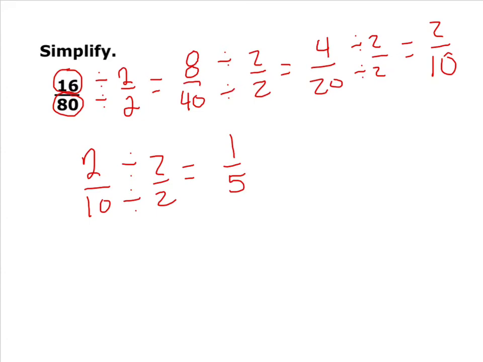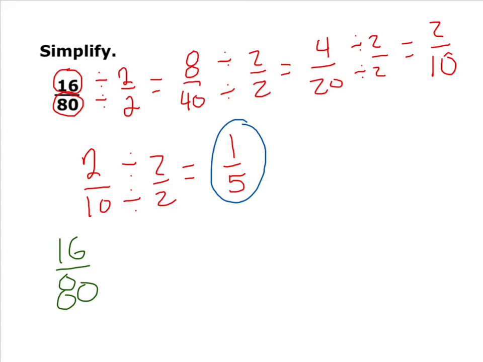Now, a shorter way to do that is if we realize there's a larger number than 2 that goes into both of those. So let's take a look at that 16 over 80 one more time.